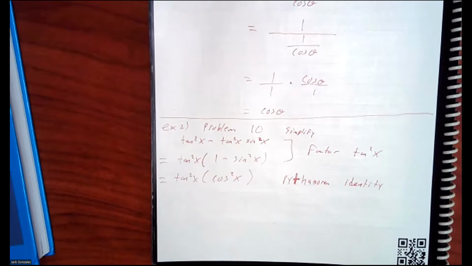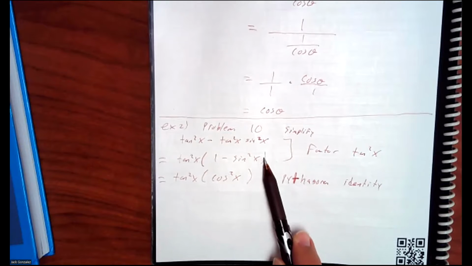Can we go any further? Do you see something that we could use? You see how there's no real obvious path. You just have to think about it, or look at the identities and figure out, okay, what can I use to cancel something or convert something? This looks better than the original.